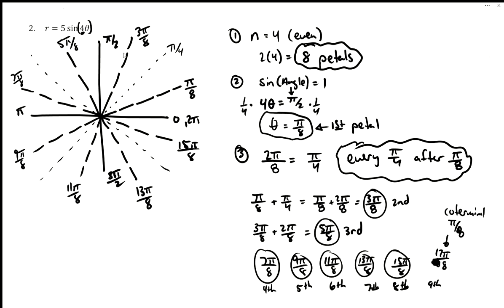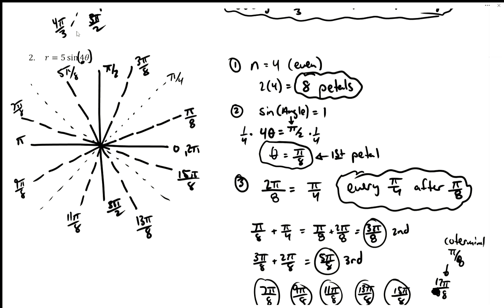Now I'm going to change it to blue. The last thing we need to finish this graph is to look at our 5 right here. It's saying I should go a length of 5: 1, 2, 3, 4, 5. Then make my petal from there. I should do it to all of them. Here's about where 5 is. Hopefully that's pretty accurate, since they should all be the same length of petal.